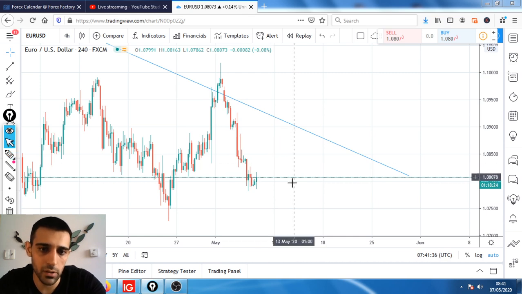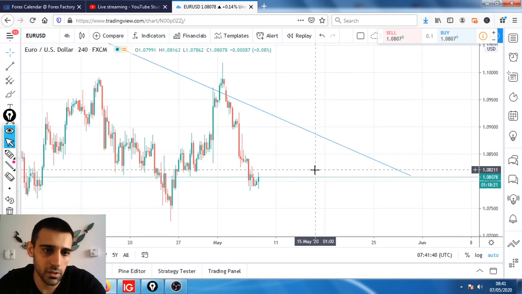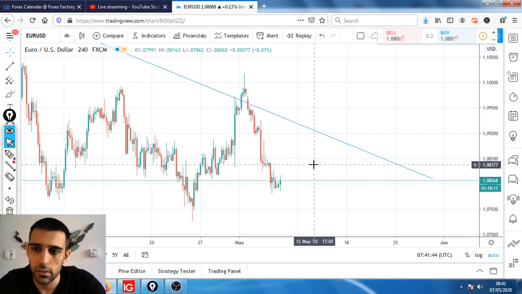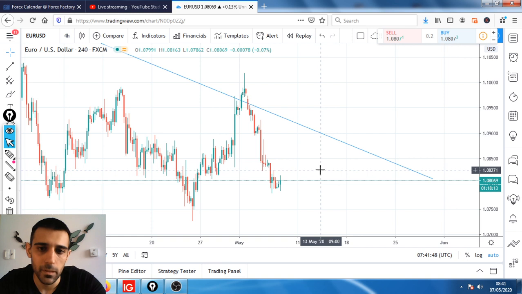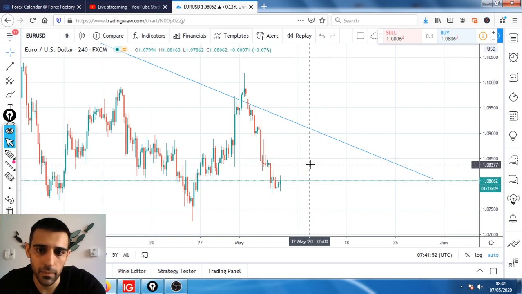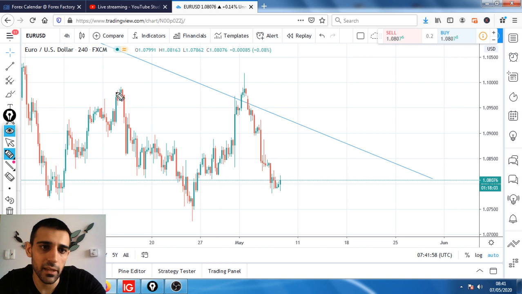So that's why we need to wait at the level. Yes, definitely I want to see the price coming up. I do want to see nice bullish candles. We can see it in here on this time frame.